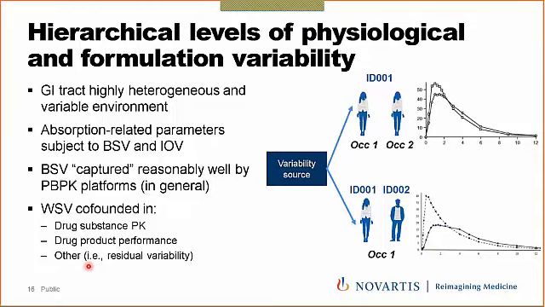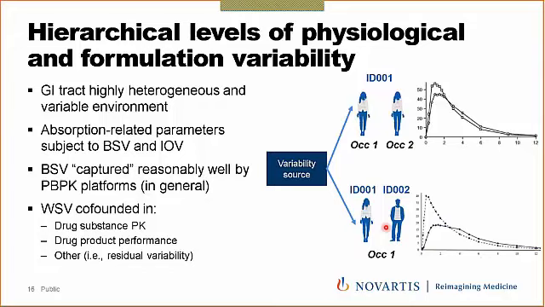Coming now to the hierarchical levels of PK variability, which are inherent in every study, and that holds true, of course, also for bioequivalence studies. We all know that the GI tract is a highly heterogeneous and variable environment, and in this context, absorption-related parameters can be subject to variability between different subjects, as you see here.